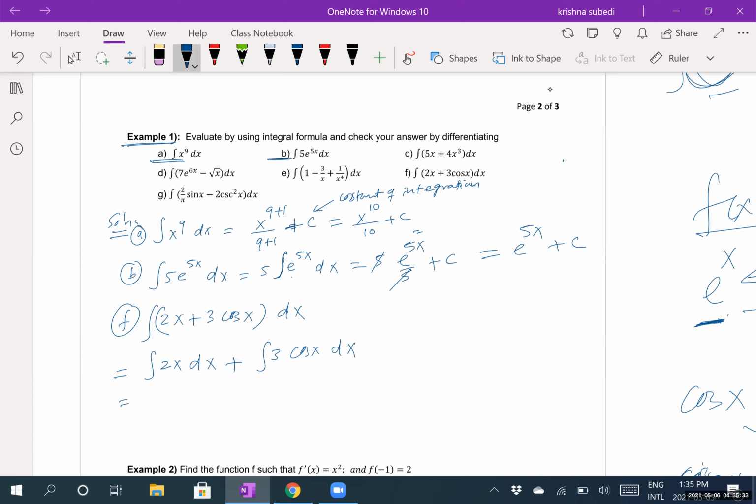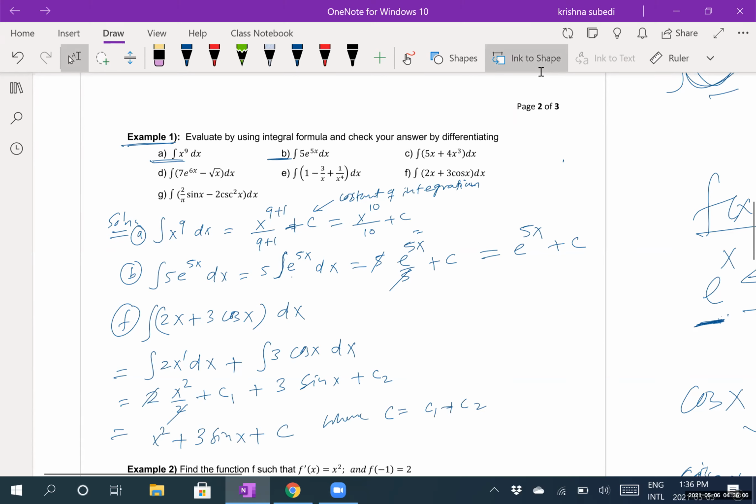So I'll write 2 outside, and using the power rule, we'll have x squared over 2 plus c1, and this will be 3 times the integration of cosine, which is sine x, positive. We have just seen that before, plus c2. So our answer is going to be x squared plus 3 sine x plus c, where c equals c1 plus c2.